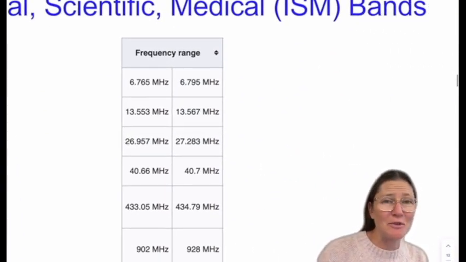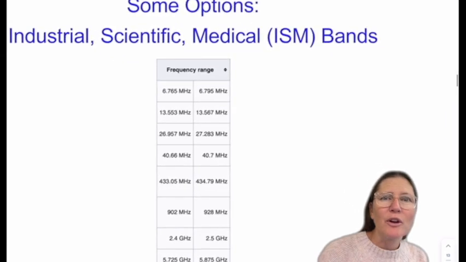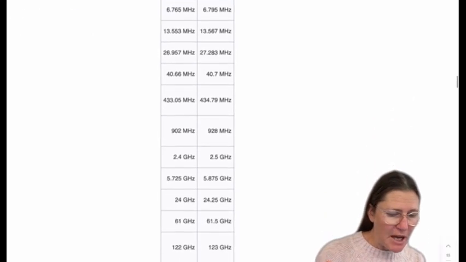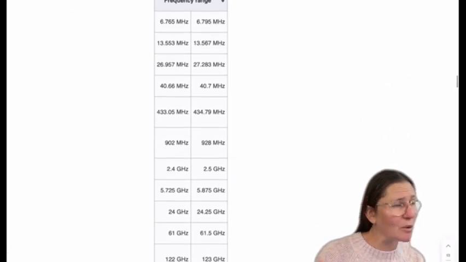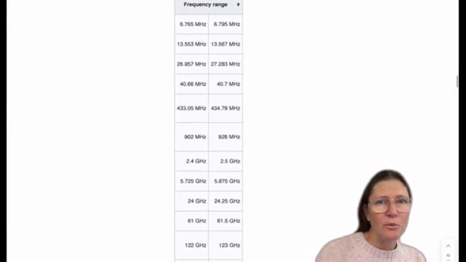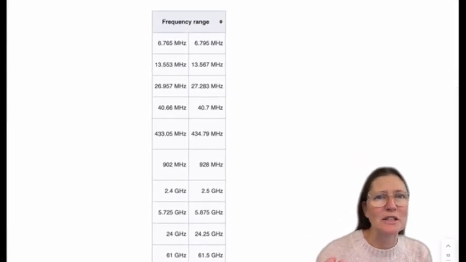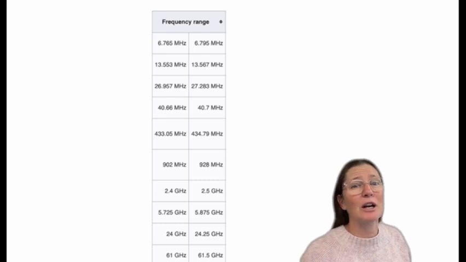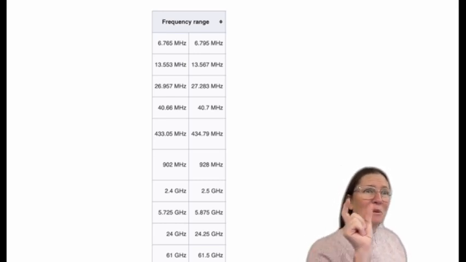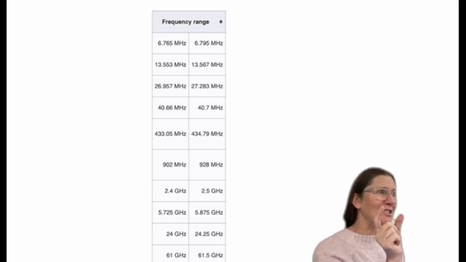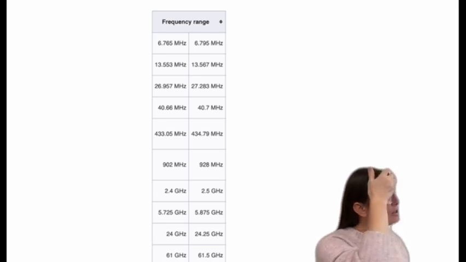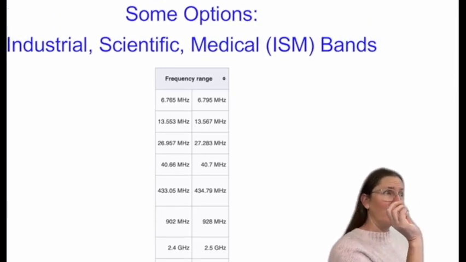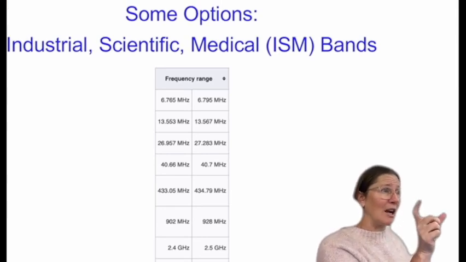This is easier to read. These are typically the ones for industrial, scientific, medical bands. You usually can work in these frequency ranges. So between, for example, 6.765 megahertz to 6.795 megahertz. Very limited range though, right? So one thing we have to do with electronics is format the signal so that it's in that range.